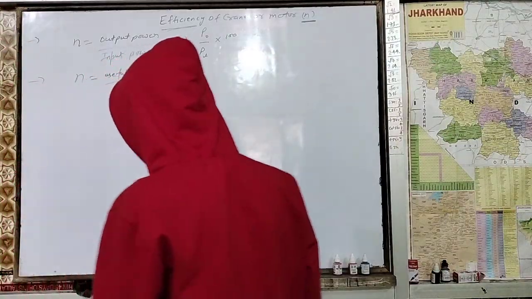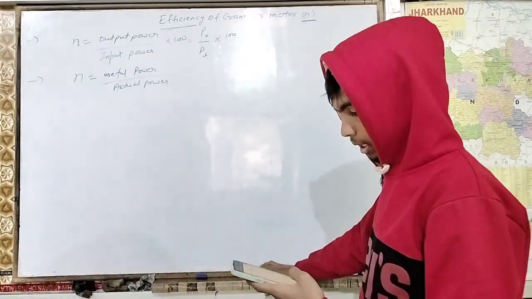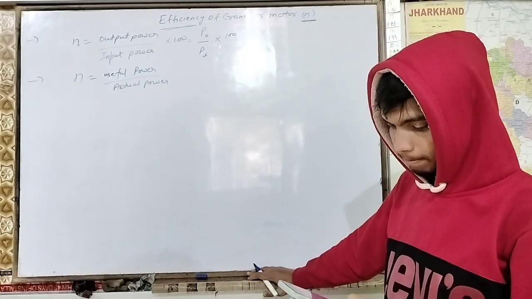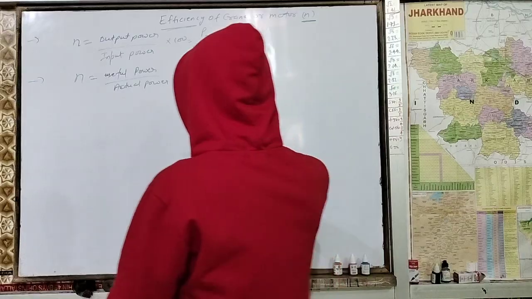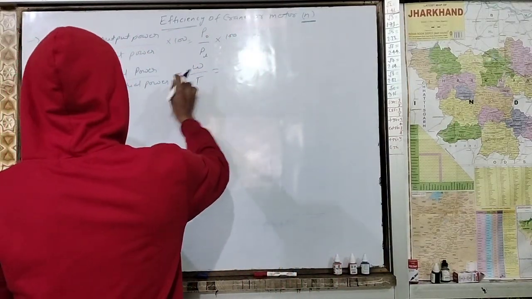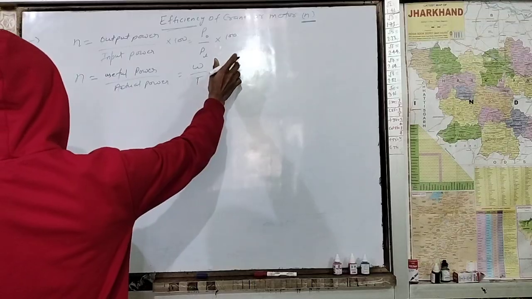Over here, actual power is equal to W upon T, where T is time and W is work.